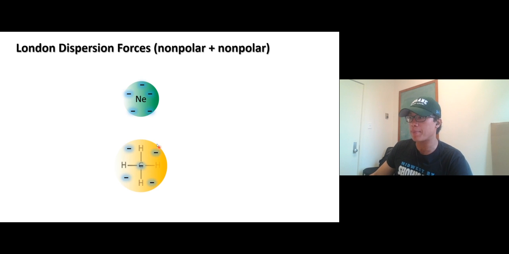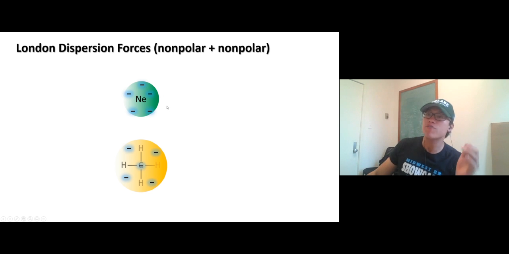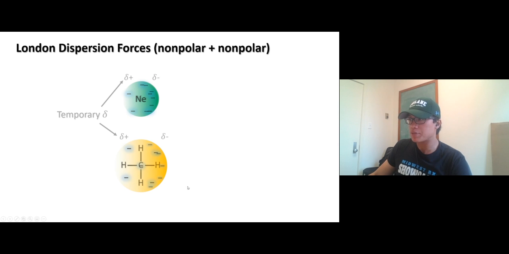So we have neon, we have methane, and you guys know that an atom or molecule has electrons floating around, and they distribute evenly throughout the molecule or atom. But let's say there's an external factor that makes this electron density migrate to another side, so it looks like this.